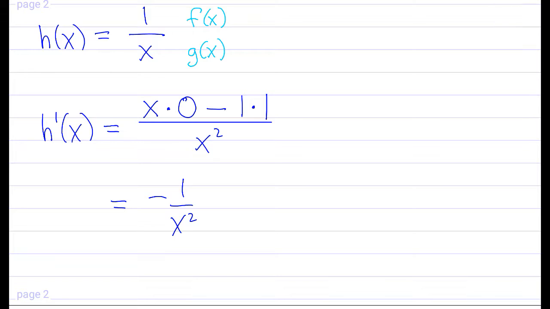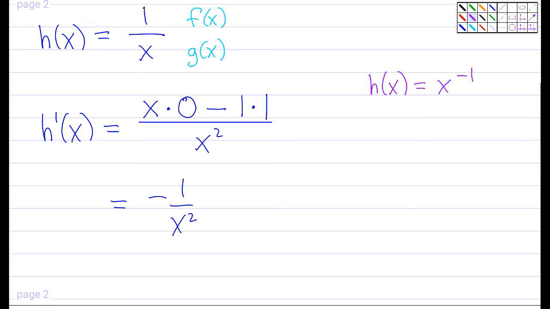Now, you might be thinking, wait, we didn't have to go through all that trouble. I could have written h of x as x to the minus 1. And then I simply need to use my power rule, which says that h prime of x is bring down the minus 1 times x, reduce the power by 1, minus 2.